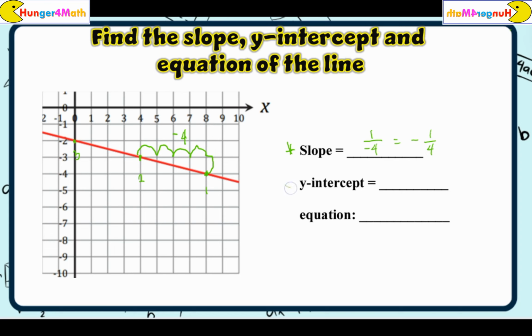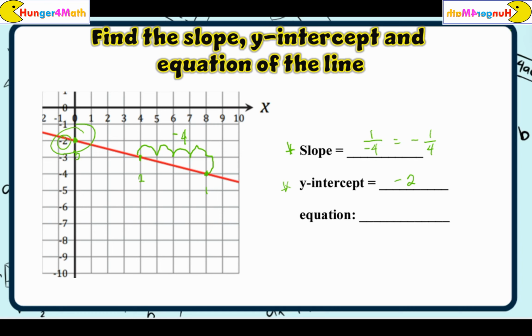And then for the y-intercept, it is the point where the line intercepts the y-axis, and that is over here. That is negative 2. So the y-intercept is negative 2.